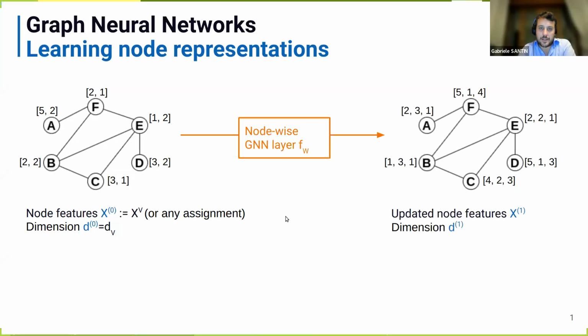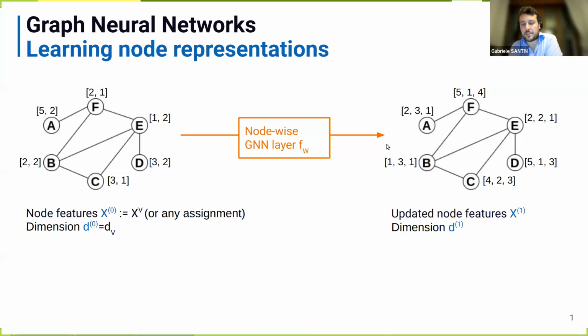Then a GNN layer, which we call f of w, is a transformation of this initial graph into a new graph, and it is parametric: w is a learnable set of weights, and this will end up being a differentiable operation. So a layer is just something that takes as input the original graph and gives back another graph with the same nodes, but with updated node features.